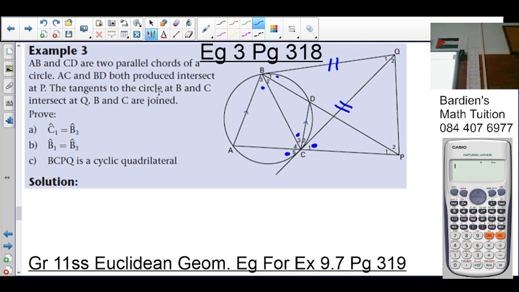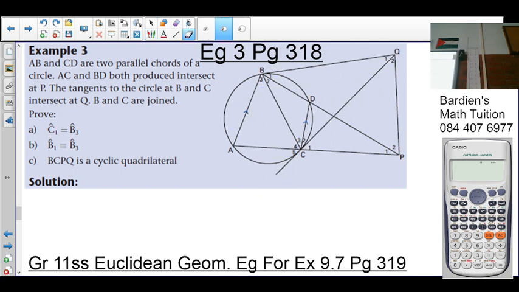Then we are told that they intersect at Q. B and C are joined, which is a straight line. Prove that C1 is equal to B3. Now you get upset, like, why did I ask this? They don't even let us think. So where do we start, people?